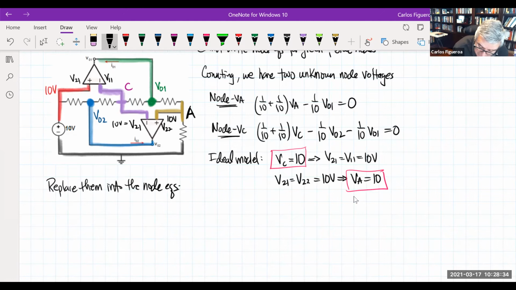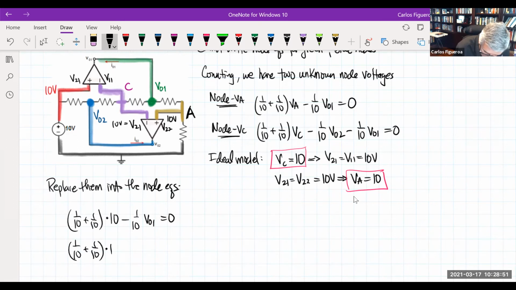So now I get 10 plus 10 times 10 minus 10 VO1 equals 0. And then I get 10 plus 10 times 10 minus 10 VO2 minus 10 VO1.